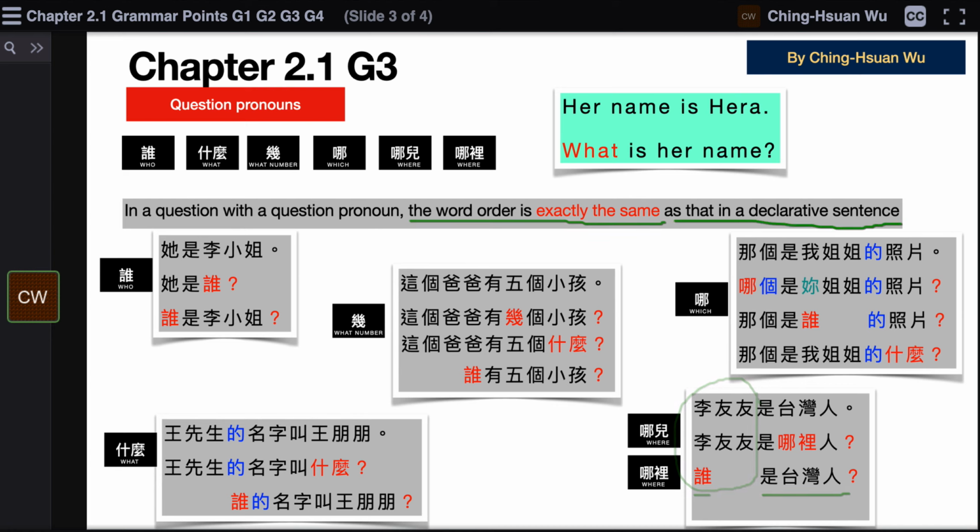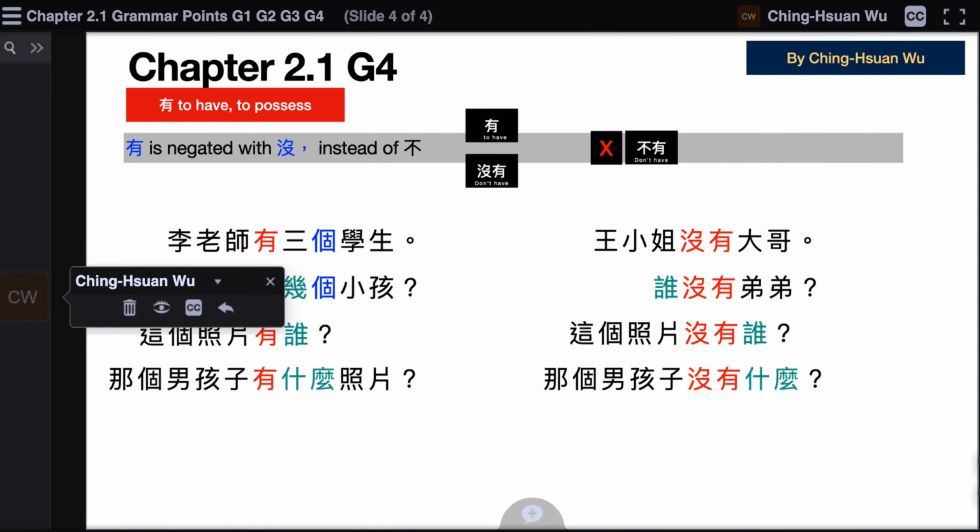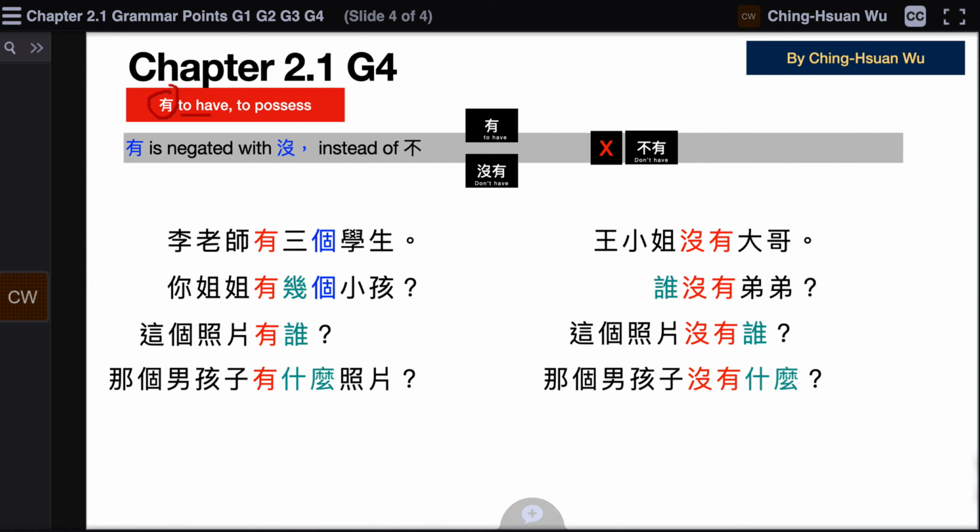Again, the key here is the word order is exactly the same in a question as that in a declarative sentence. 有 to have, to possess. 有 is negated with 没. If you want to say I have, that is 我有. I don't have, 我没有.